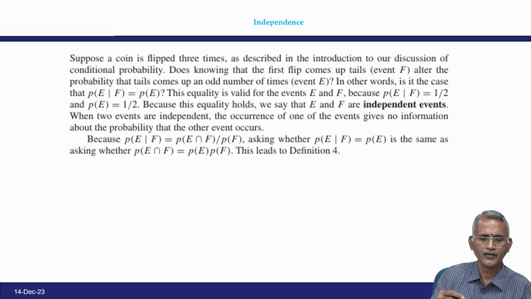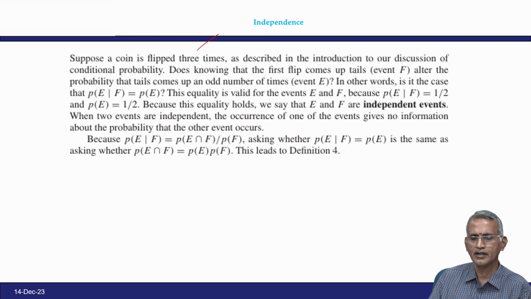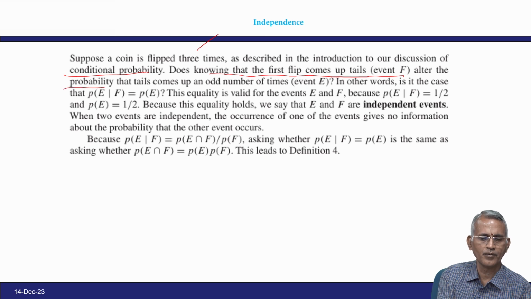Suppose a coin is flipped 3 times, as described in the introduction to our discussion of conditional probability. Thus, knowing that the first flip comes up tails, does it change the probability that tails comes up an odd number of times?